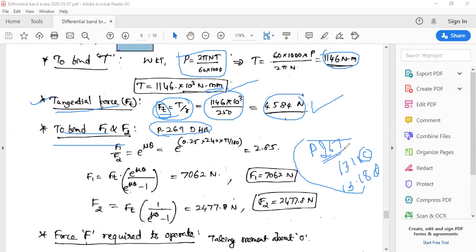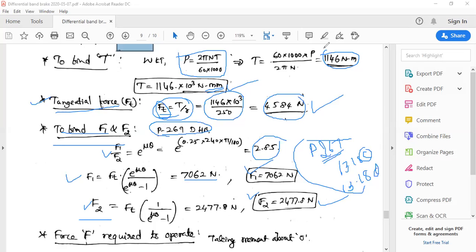Here the ratio F1 by F2, e raised to mu theta, is 2.85. F1 is Ft into e raised to mu theta divided by e raised to mu theta minus 1. So F1 is 7062 Newton. For F2, we again refer to the next equation: Ft into 1 by e raised to mu theta minus 1, which is 2477.8 Newton. So F1 and F2 are calculated. This is the third step.